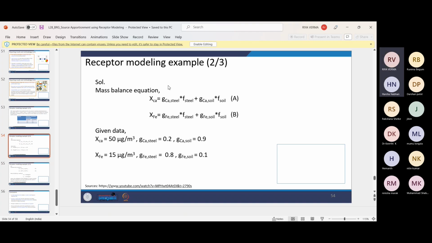Similarly, we have the total emissions from your soil source, F soil, which is multiplied by the contribution of this plant in emitting calcium, GCA of soil. We are taking both the plants, F steel and F soil. These are the total emissions from these two plants, and GCA of steel and GCA of soil are the contribution of these plants in the emission of your calcium. Similarly, we have the equation for iron, right?